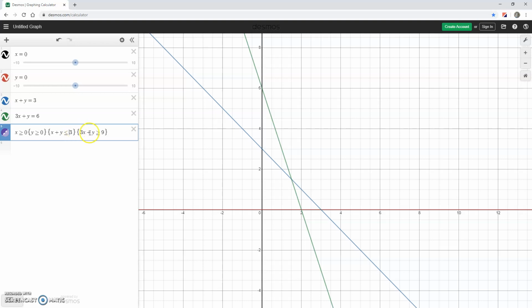And 3x plus y is going to be less than or equal to 6. And what that does is, again, give us our shaded region, which is the graph of that system of inequalities. And in this case, we end up with this bounded region.